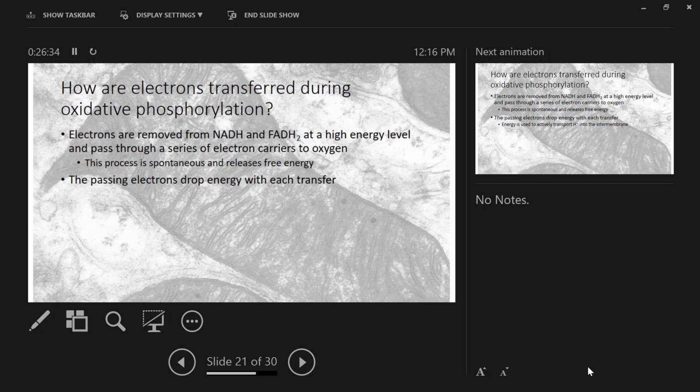Every time the electrons drop, energy is released, and that energy is used to actively transport hydrogen ions. So every time up to this point, when we've talked about active transport, we've associated it with hydrolyzing ATP, right? You had primary active transport, that is the same pump that's pumping the material against its concentration gradient is also doing what?